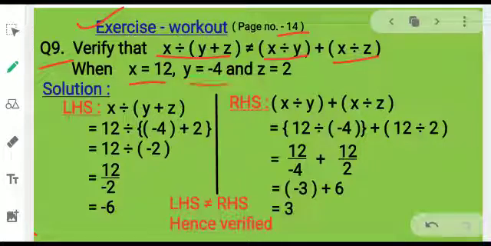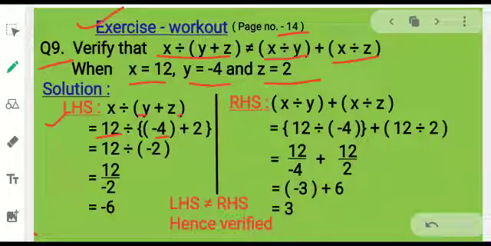Now to verify, we have to take the LHS and RHS and solve them separately. First we take the LHS, which is x divided by (y plus z). In place of x we write 12, in place of y we write minus 4, and in place of z we write 2. Now we have minus 4 plus 2.